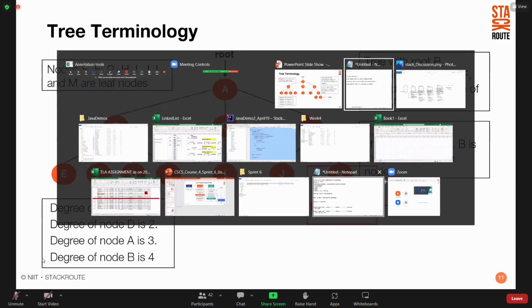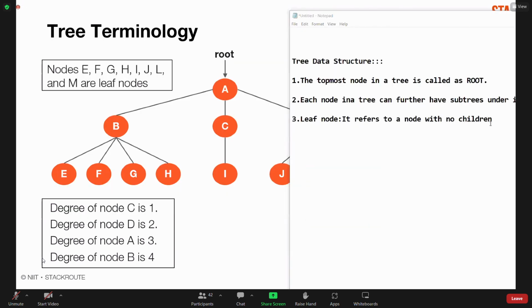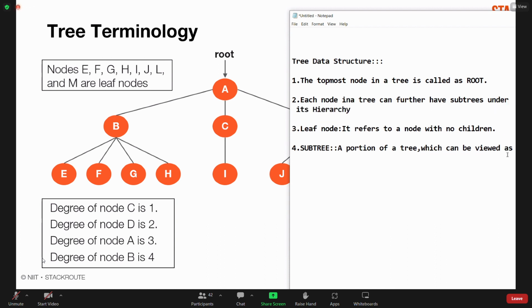I'll put the next point. Fourth point, subtree. A portion of a tree which can be viewed as a separate tree in itself is called a subtree.